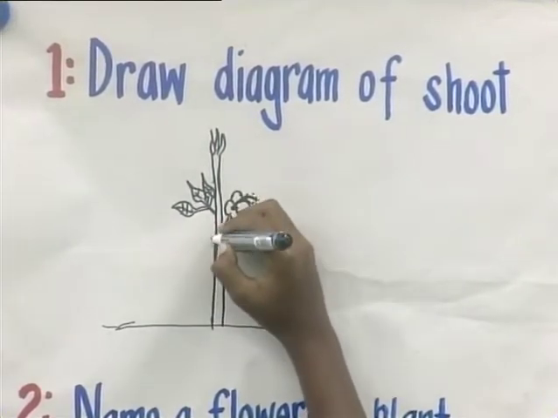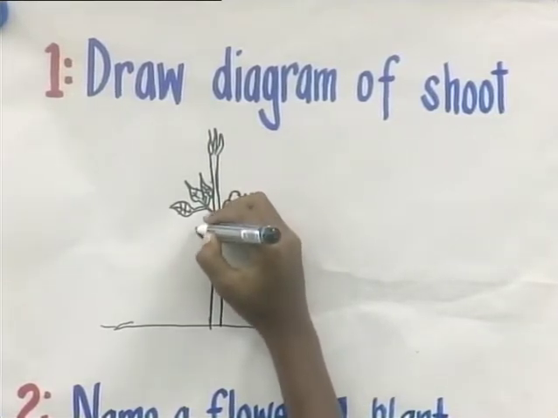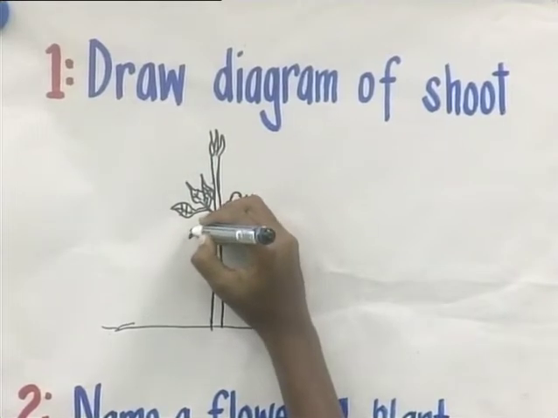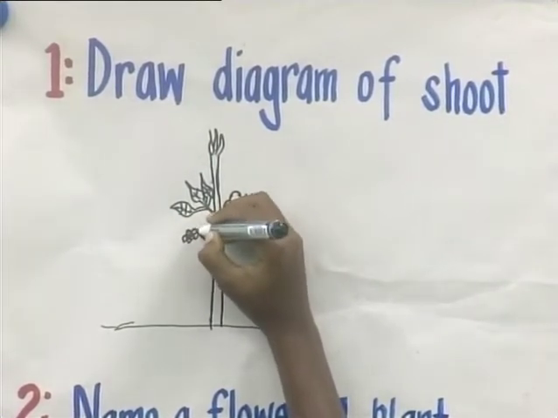After you have done that, you will also name a flowering plant. One flowering plant. Remember from your previous lesson, any favorite flowering plant of yours.